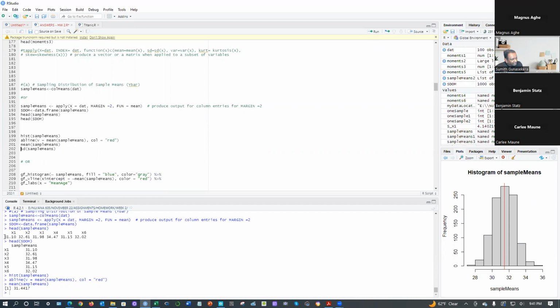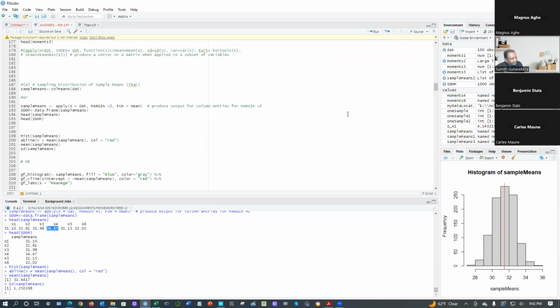Earlier I had 31.10, 32.61, 31.98, 34.47, and so on for 1,000 of them. They were added together and divided by 1,000 to create this one, the mean of the sample means. And the standard deviation of that one is 1.25.